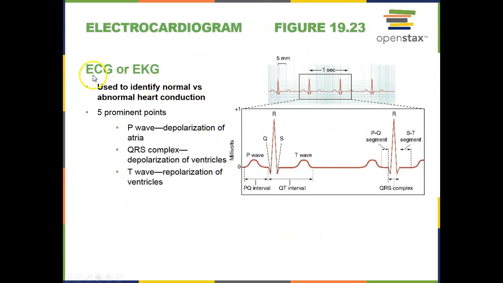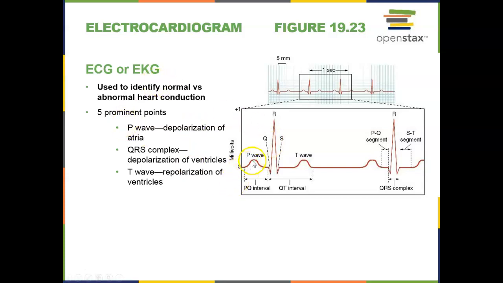So when our heart is beating, we can actually use an EKG or an ECG, however you want to write it, to see that action potential in a physical readout. And that can tell us a lot about how healthy our heart is. So there are 5 different points that we typically see on an EKG.